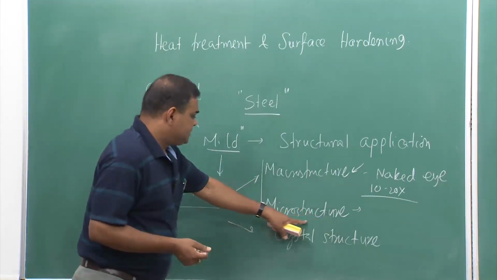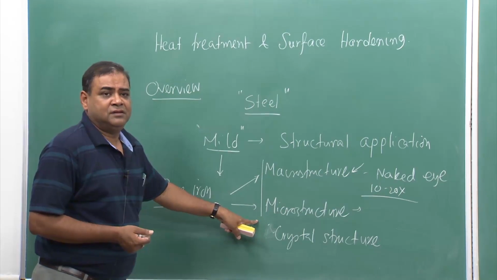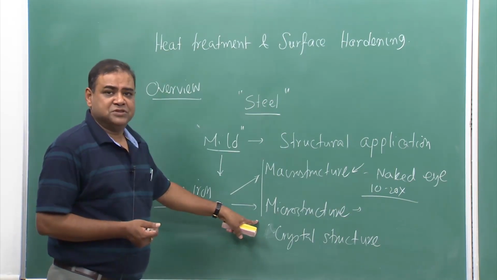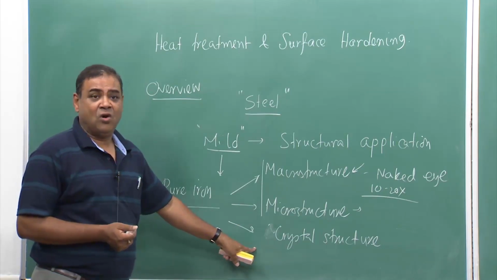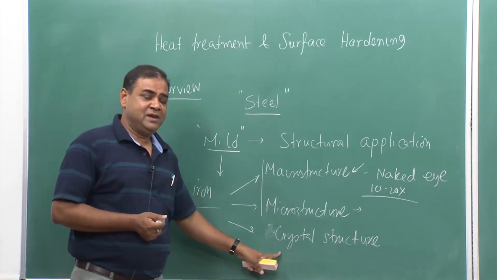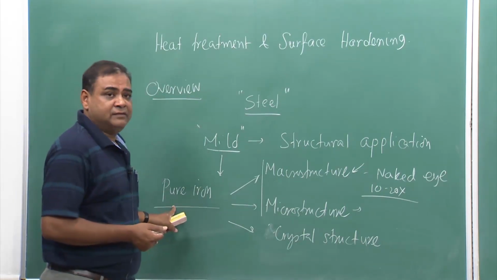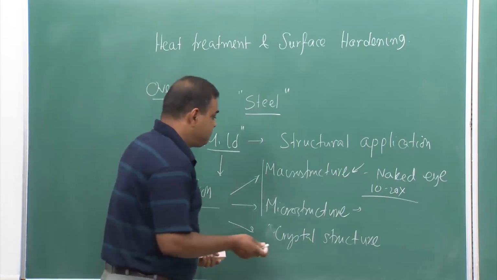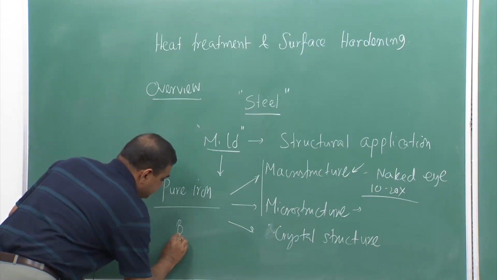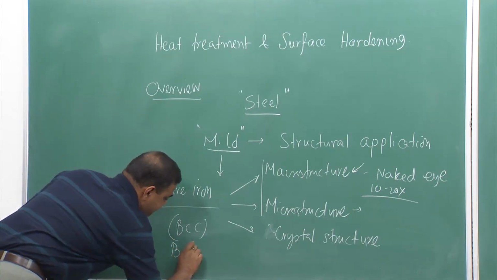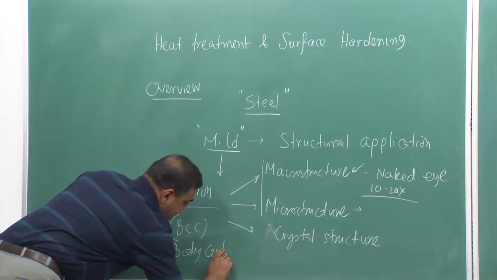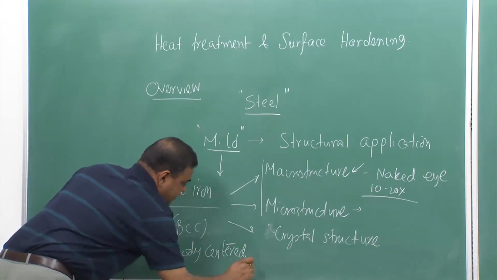Now, this microstructure changes with composition. At the same time, crystal structure also changes with composition. For example, if we take pure iron at room temperature, the pure iron structure is BCC, which is nothing but body centered cubic.